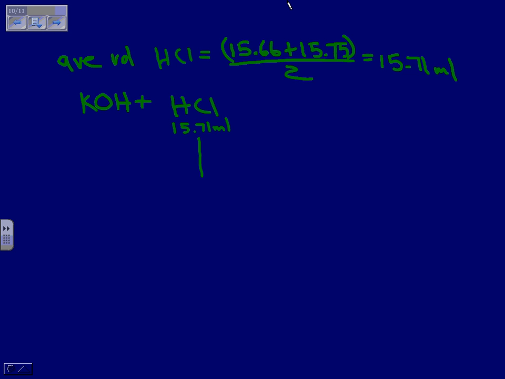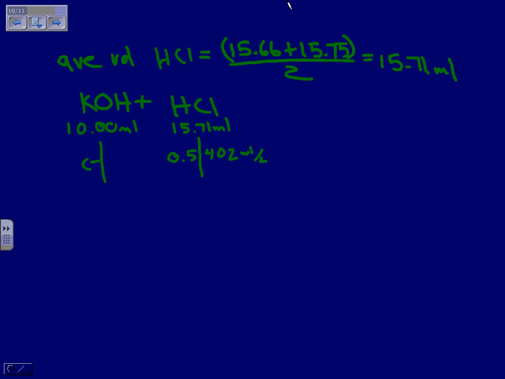Did it say? I hope it did. Yep. 0.5402 moles per liter. 10 milliliters was the other sample. Again, I'm not sure anymore, and I don't want to flip back to the slide. Was it 10 milliliters of the KOH? 10 milliliters.